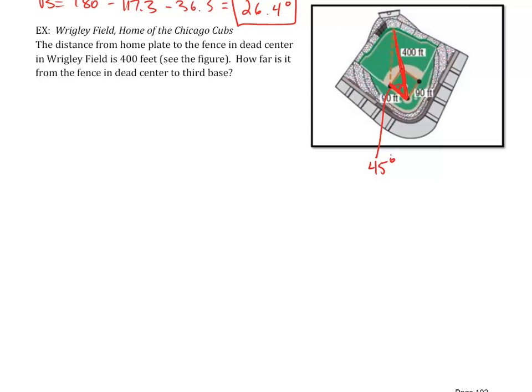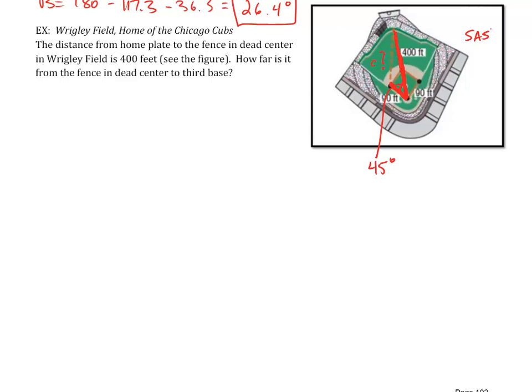So given that we know this length here and we know this distance here is 90, this distance here is 400, the question is, how long is this side here? Call that C. Well, clearly, since we know this side, and the angle between it, we have a side angle side triangle.